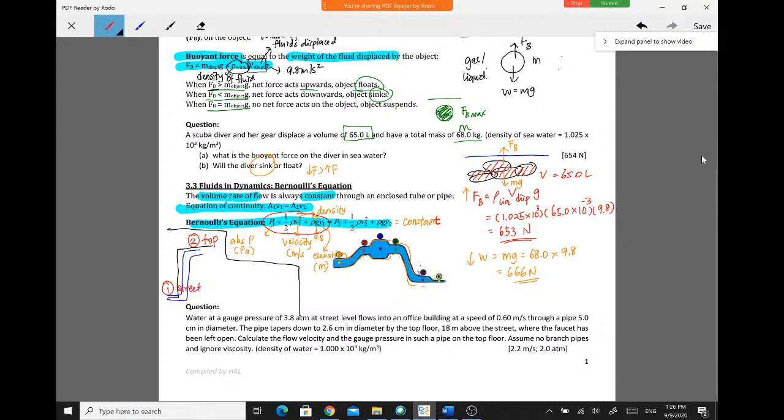List down the information that you have. At point 1, the given gauge pressure is 3.8 atm. Convert to SI unit, to Pascal. Do you know how to convert? So 3.8 times 1.01 times 10 to the power of 5 Pascal.